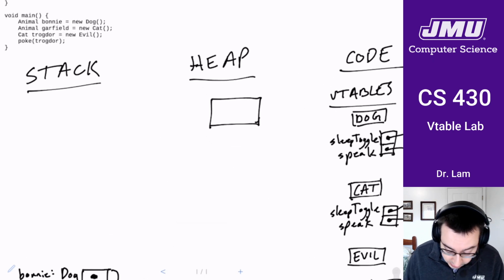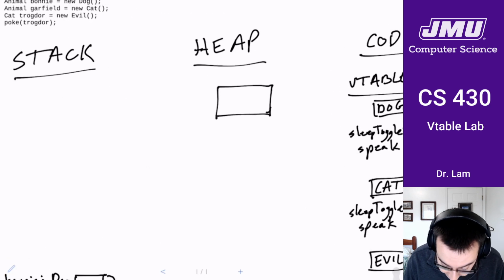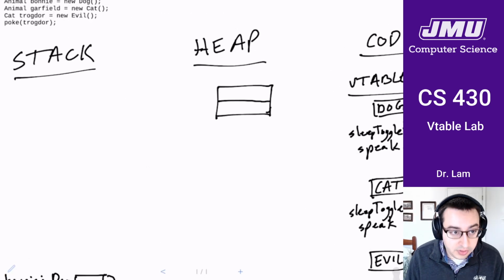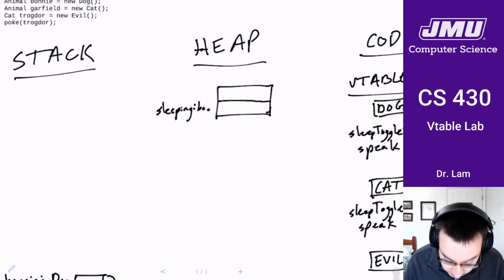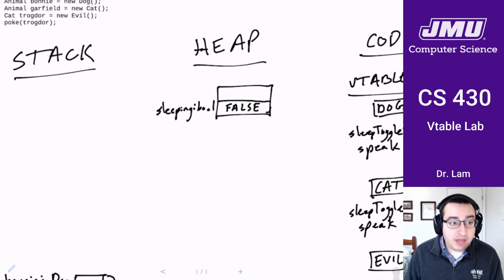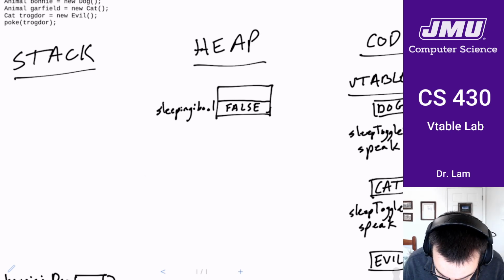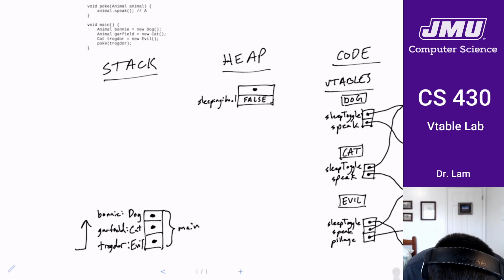So basically what we're going to have here is two things. We are going to have that Boolean, the sleeping, which is a Boolean, and that's going to start off as false. And then we're also going to have our virtual method table, which we'll label vtable.